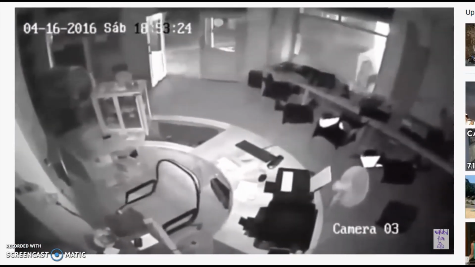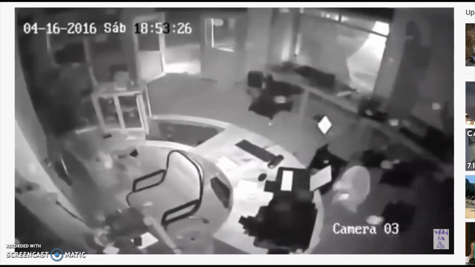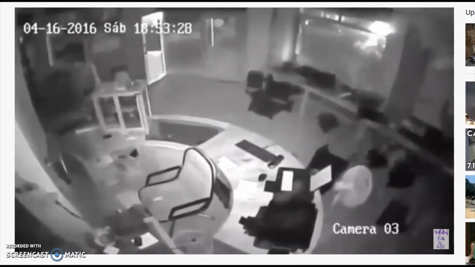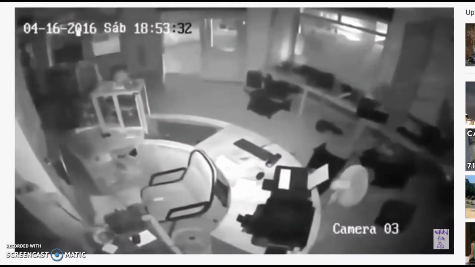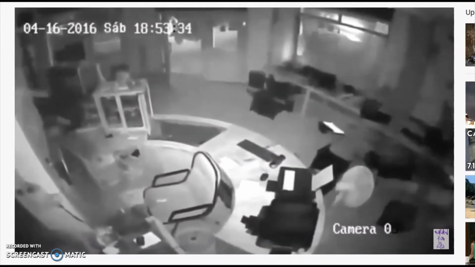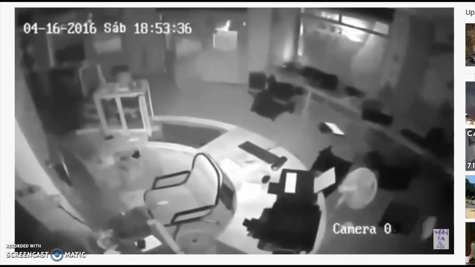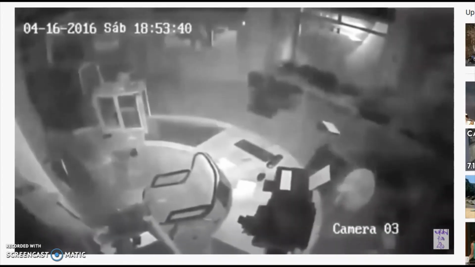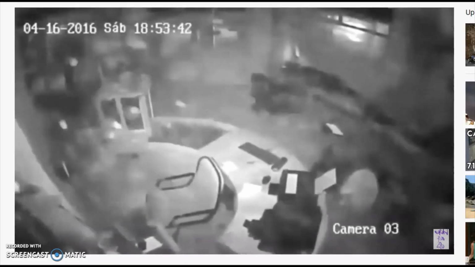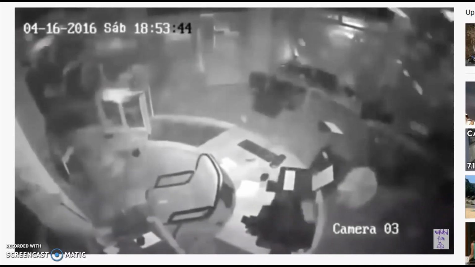Look at that. Crazy, right? Things are flying everywhere. Things are getting destroyed. It's very, very scary to go through an earthquake. And it just keeps shaking and shaking and shaking. I don't know where this one was. I did not notice where this took place. But very, very scary stuff, right?